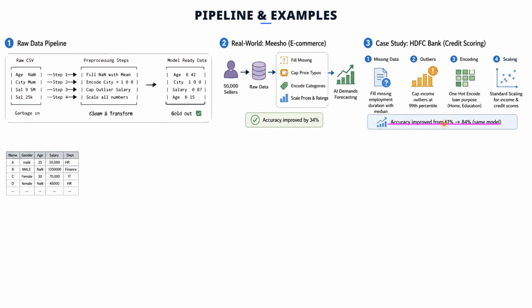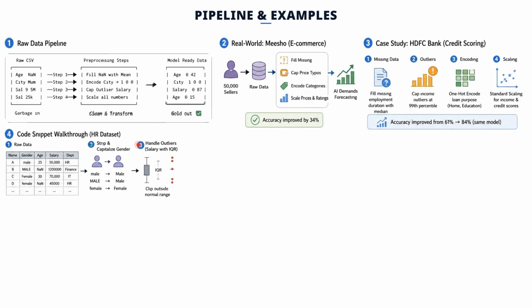Now, let's walk through how this looks in code using an HR dataset. Here is our raw, messy data. In step 2, we standardize the gender column by stripping spaces and capitalizing the text. In step 3, we handle outliers in the salary column using the interquartile range, clipping values outside the normal range.